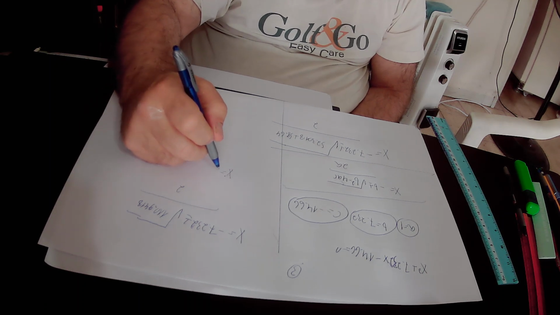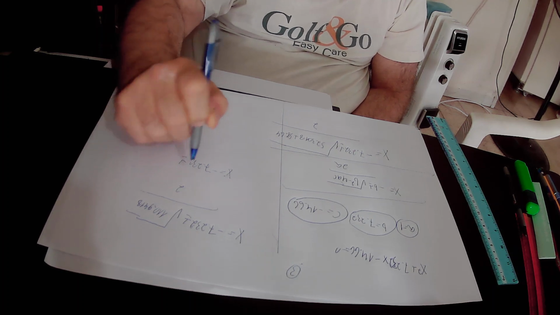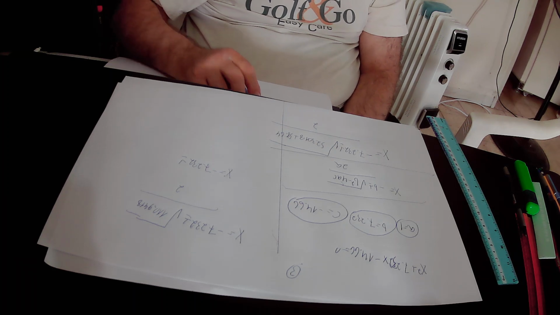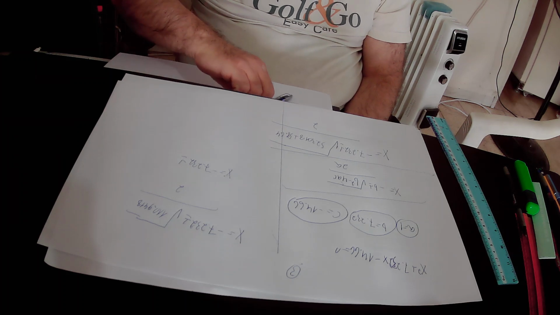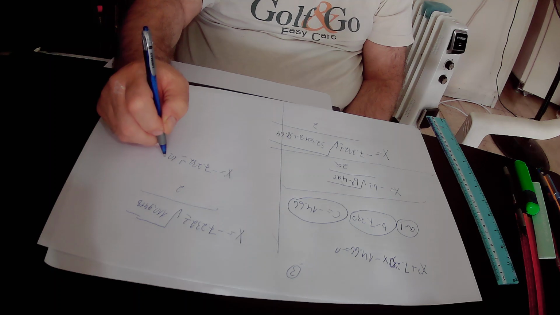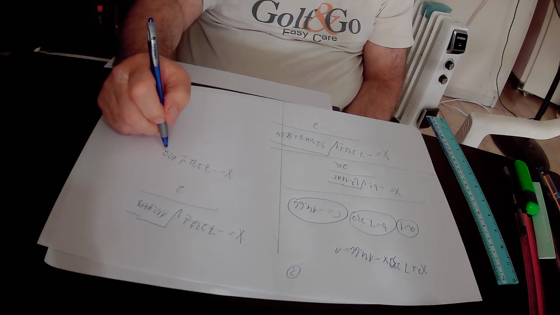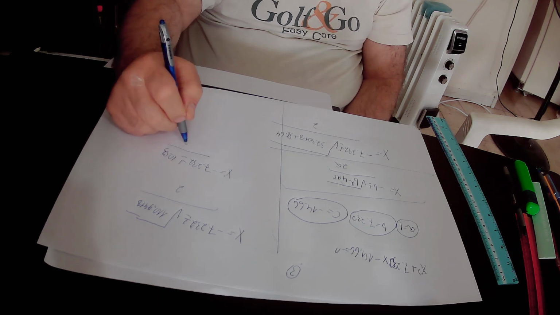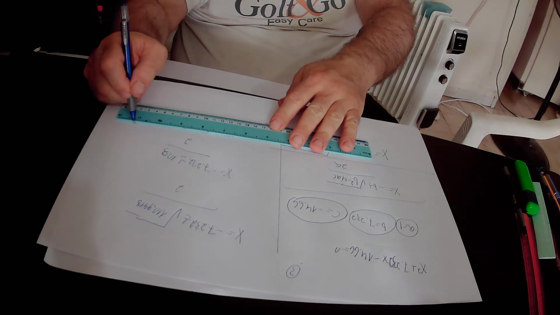So x equals minus 7.232 plus or minus the square root of 110.9418, which is 10.53, divided by 2. So here we have two possible solutions for x.